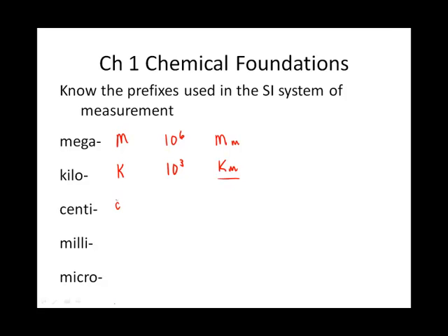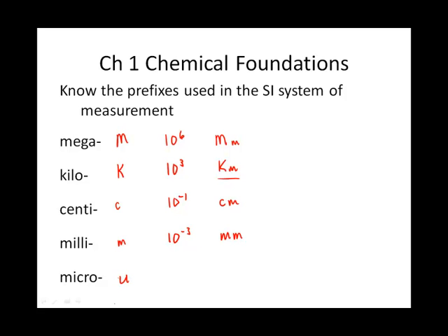Centi, with a little c, you know that means 10 to the negative 1, or 1/100th. And so we know that a centimeter is something a little skinnier than the width of your little finger, kind of a distance. Millimeter. Milli is 1 times 10 to the negative 3, 1,000th, and you're familiar with things like the millimeter.